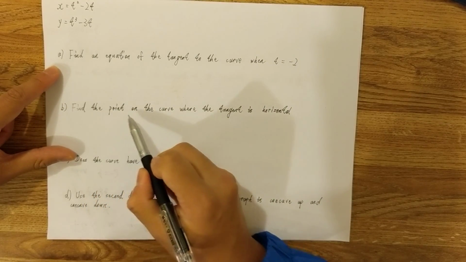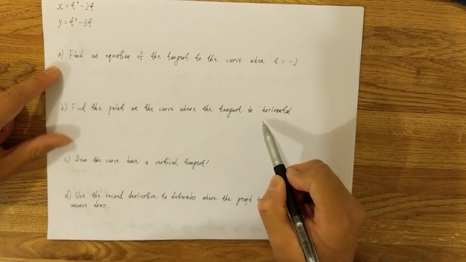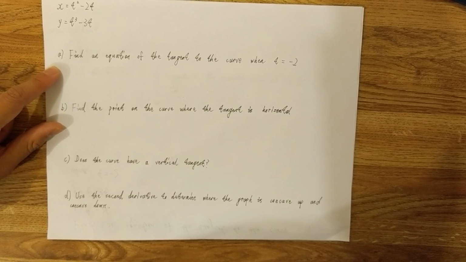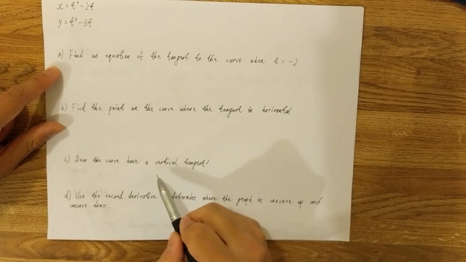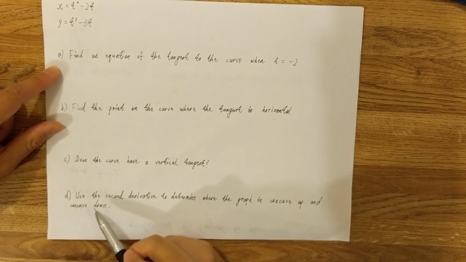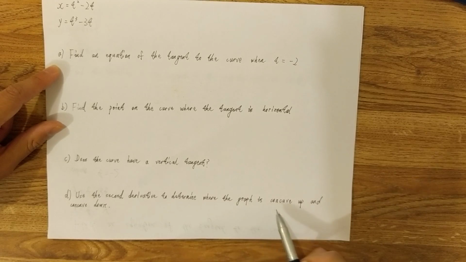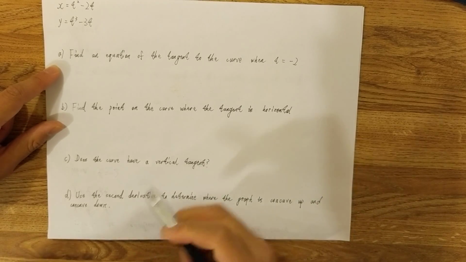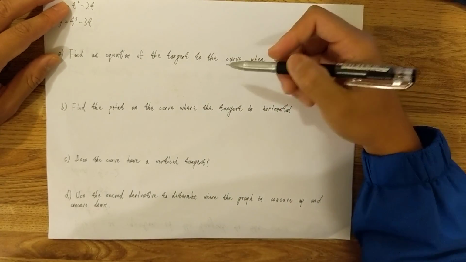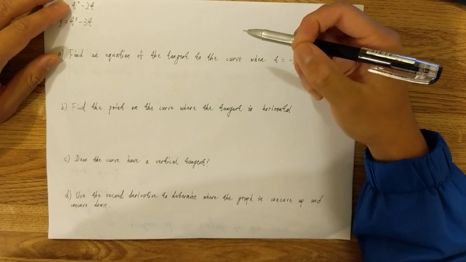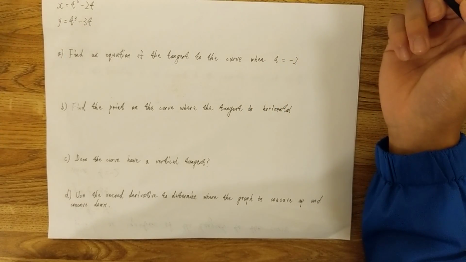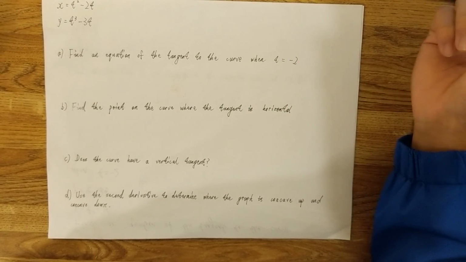And B, find the point on the curve where the tangent is horizontal. And C, does the curve have a vertical tangent? And D, we use the second derivative to determine where the graph is concave up and concave down.